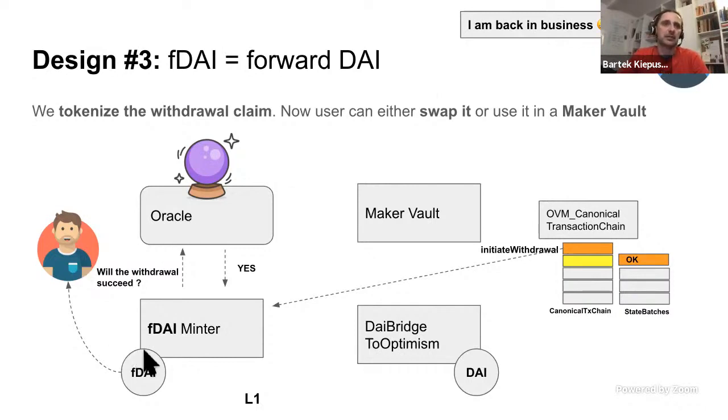And the users can maybe even bundle these tokenized withdrawal claims and use them as collateral to mint DAI in bulk, if you like, right? And hence the gas fees will not be such a big problem here. So this is probably the most sophisticated type of structure and construction. But as you've seen, we can iterate, we can build different types of bridges.